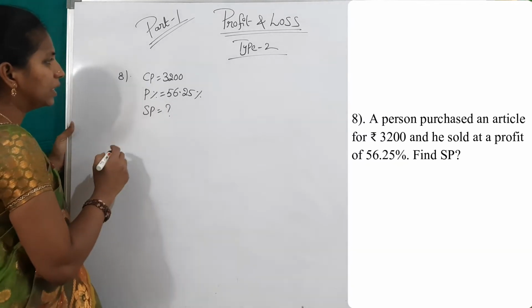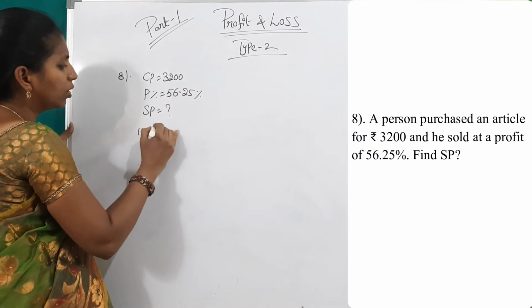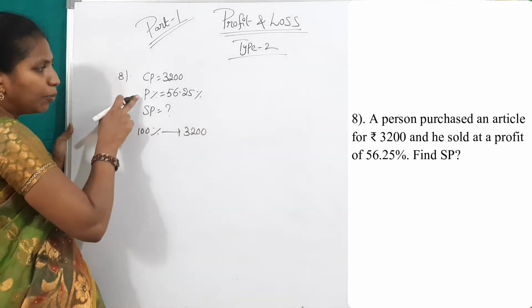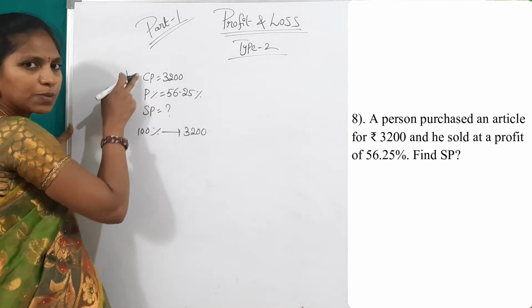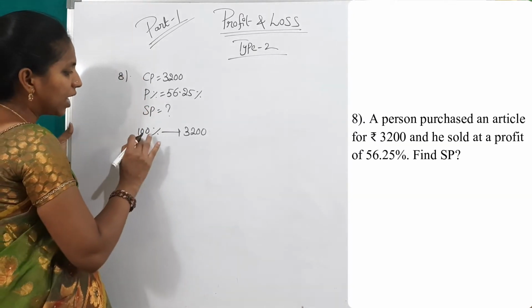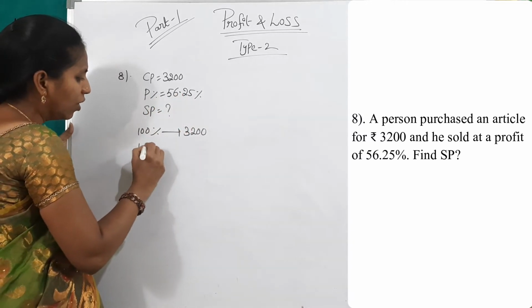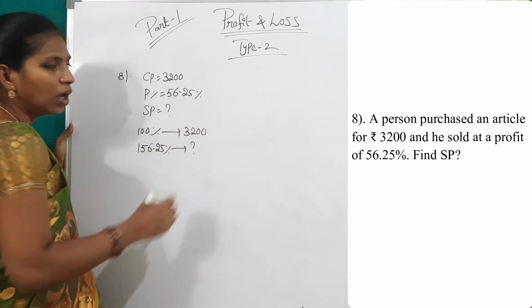Now see the first method. Here 100% is equal to how much? 3200. And here, for profit percentage, selling price equal to cost price plus profit percentage. 100% plus 56.25%, 156.25% equal to how much?